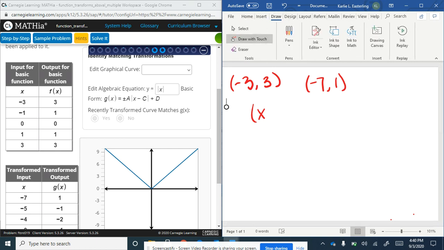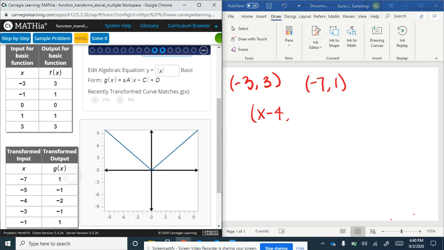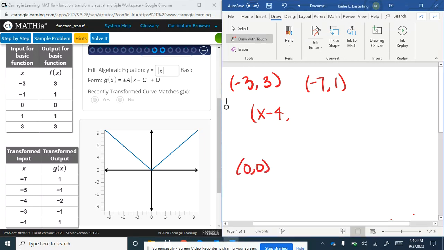So from going from -3 to -7, we are going to subtract 4. And then if we look at our y values, and this one's kind of more important, the one that we really need to look at here is that 0, 0, which is our third point, because that will be able to tell you if we are multiplying with our a value or going up or down with our d value.